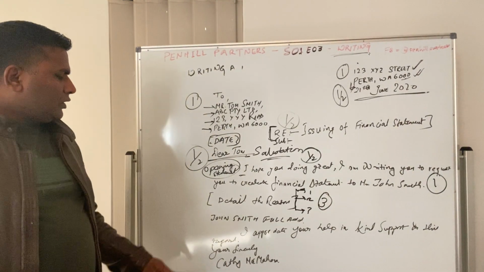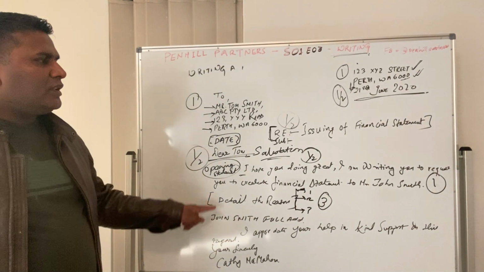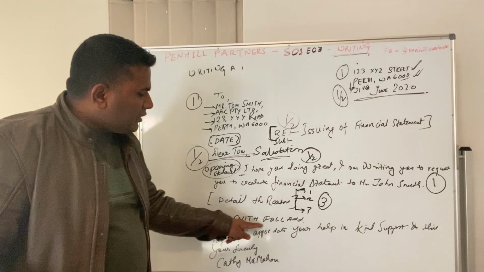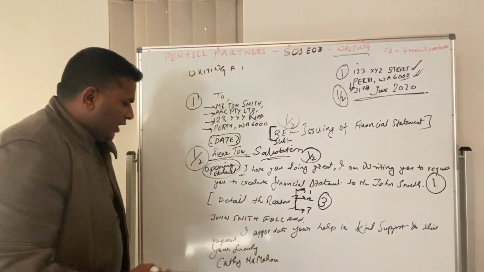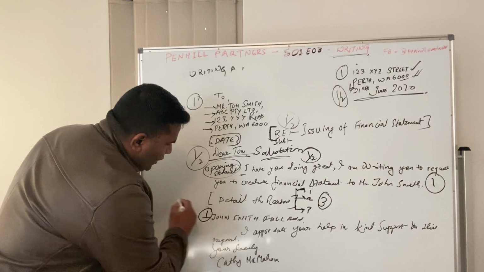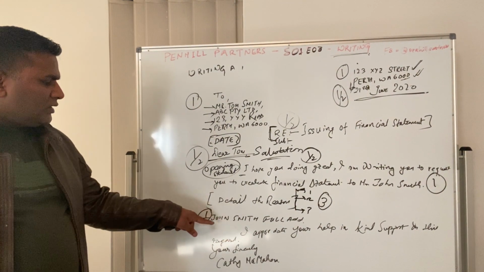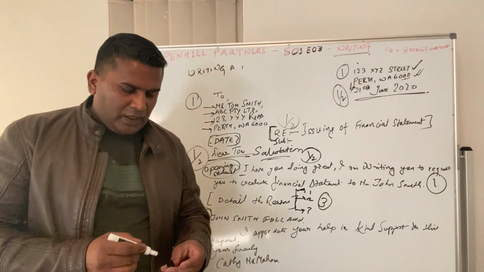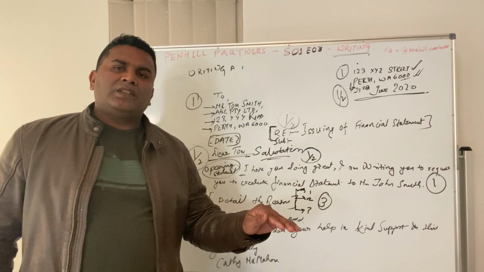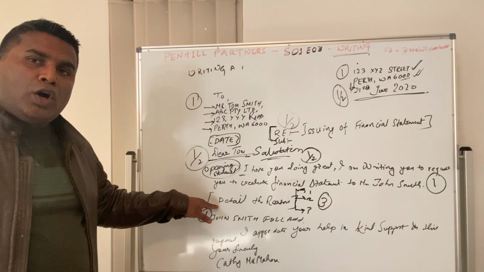Then the important part is that it be based on the letter. You need to give John Smith's full address. As soon as you give John Smith's full address, you get one mark. So after giving the reason, you give John Smith's full address, Mr. John Smith, and that has to come under the body part of the letter.